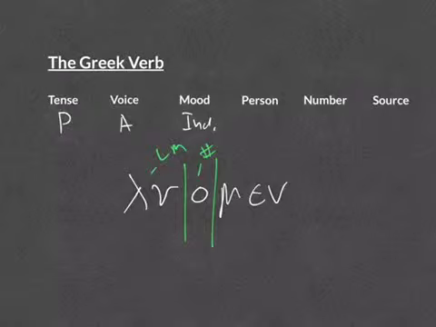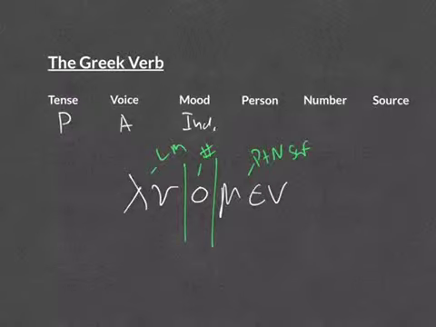So instead of lumen, it's luomen. It's basically for phonologic, good sounding purposes. And then the men is going to be the person number suffix.